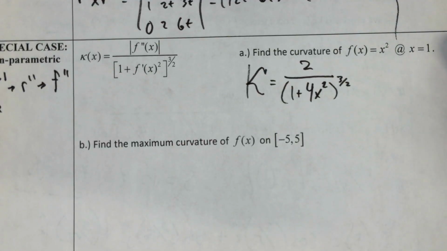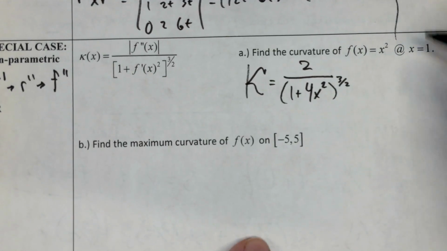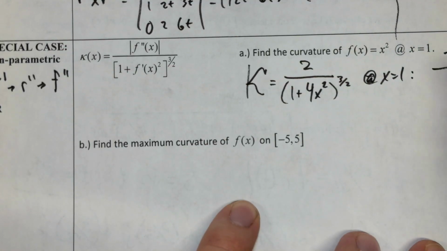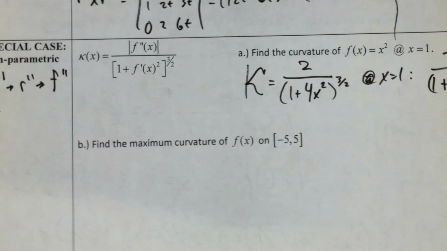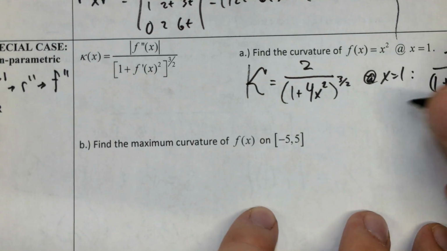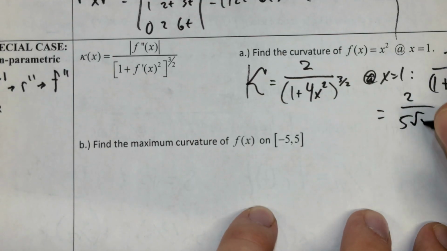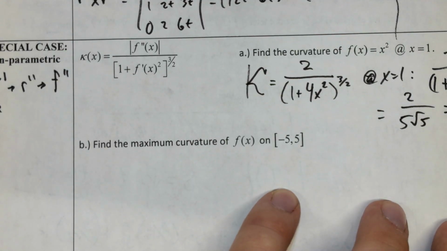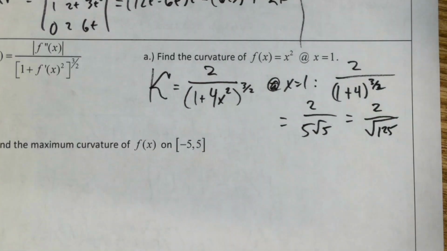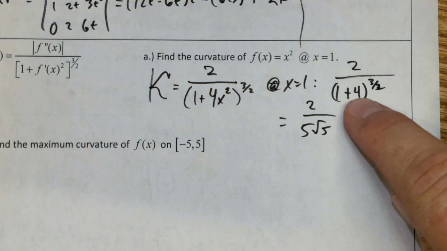And it says, hey, what is that curvature when x equals 1? Well, I would just plug in 1, 2 over 1 plus 4 to the 3/2 power. I mean, it doesn't get that much nicer. 2 over 5 root 5 or 2 over square root of 125. I mean, they're the same thing, but they're not very nice. Sorry, I went off the page a little bit there when I plugged in the 1, but I believe you would follow me there.